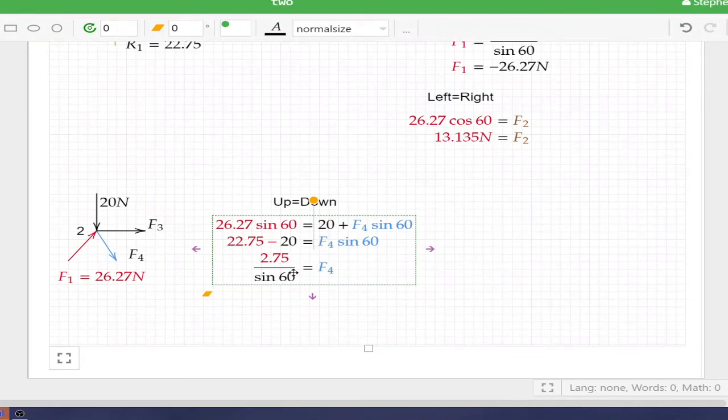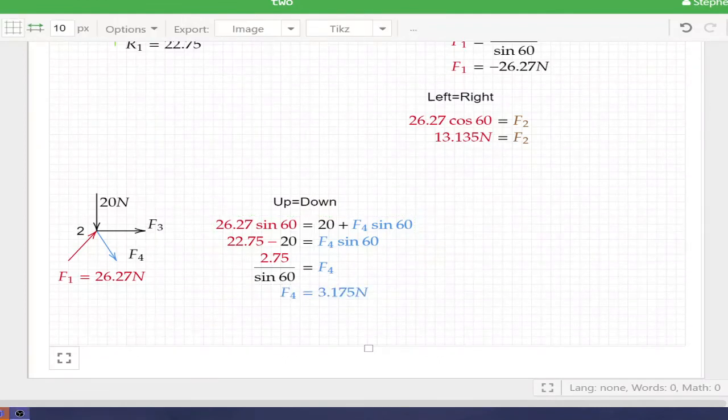We might end up with an answer that's, well, let's see what answer we get. Let's bung it into our calculator and see what we get at the end. Okay, so that equals 3.175 newtons, apparently. So we've just taken that and worked it out as we go.